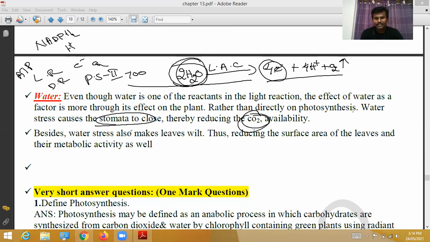So water scarcity, stress, means when a lesser amount of water is recorded, at that time the stomata are closed, thereby reducing carbon dioxide availability.